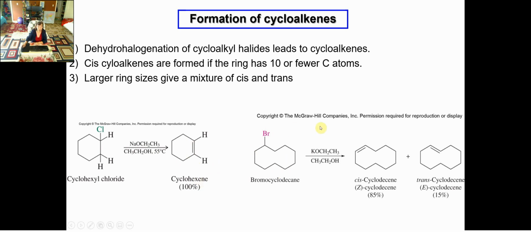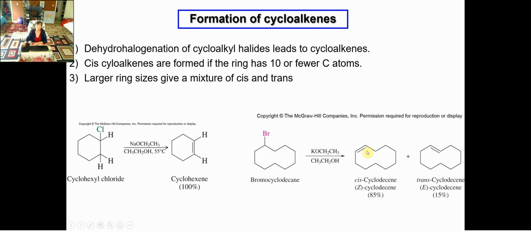If you have a larger molecule, I have bromocyclodecane. You have 10 different carbons: 1, 2, 3, 4, 5, 6, 7, 8, 9, 10. Also, you use a potassium alkoxide in ethanol. What's going to happen?